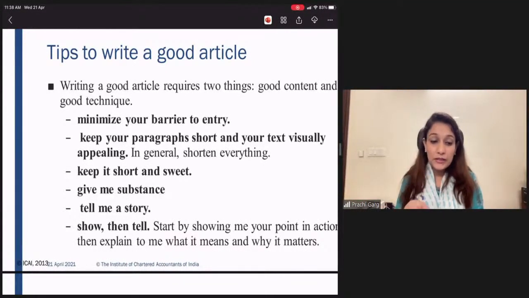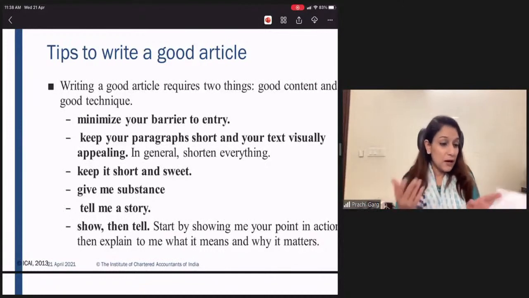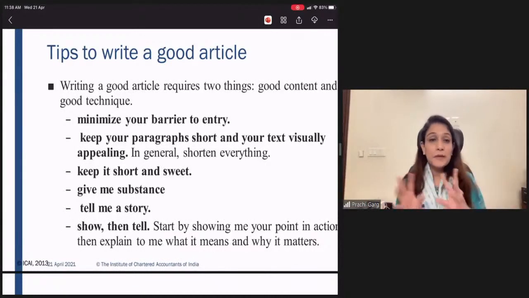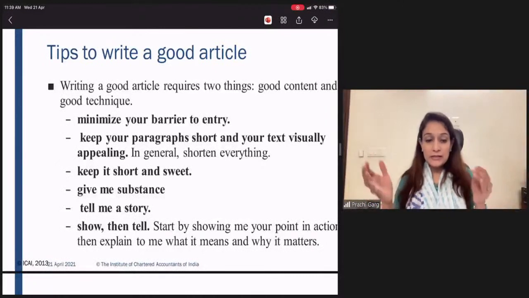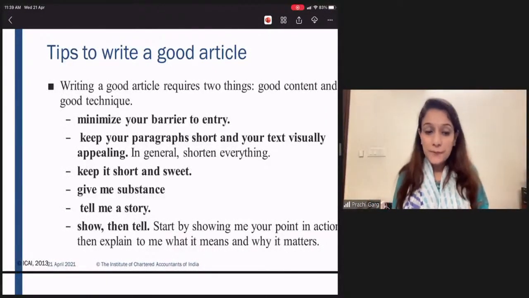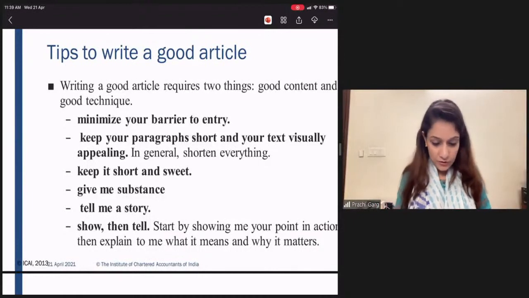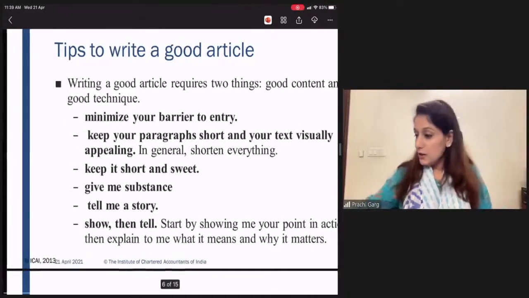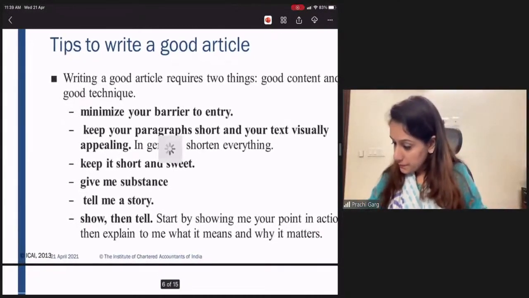Then I will come back to the steps in article writing, tips of writing a good article, and then I will be talking about points that you need to remember, how you need to organize your article and everything. But let's just take up one example first, so that it's easier for us to go ahead. I'll just share the article with you.